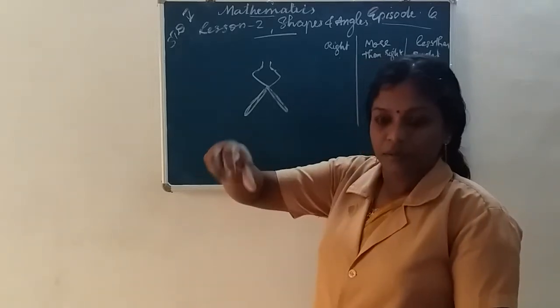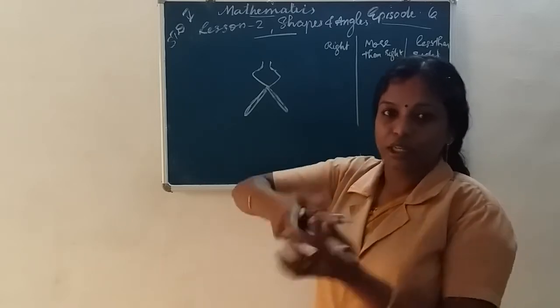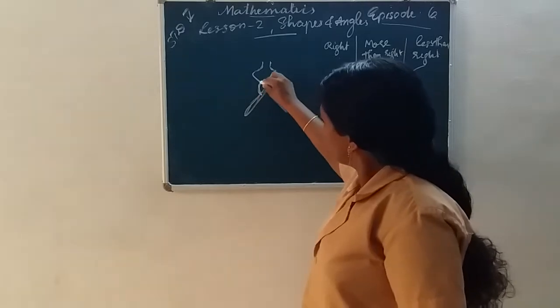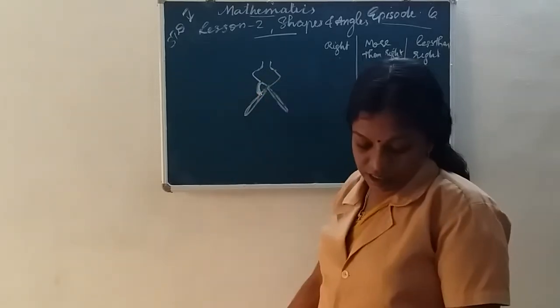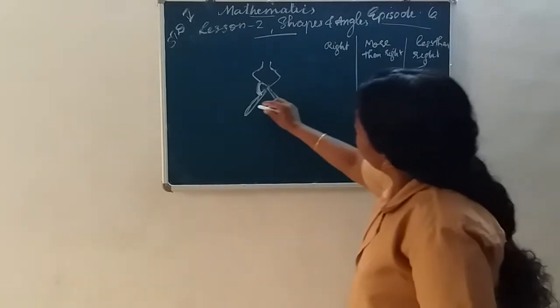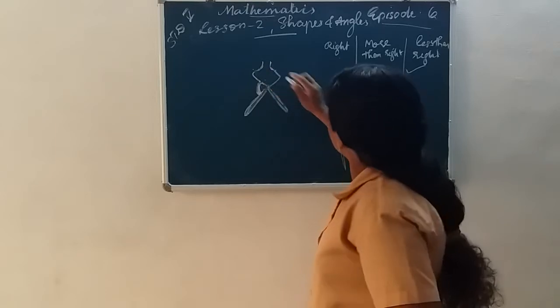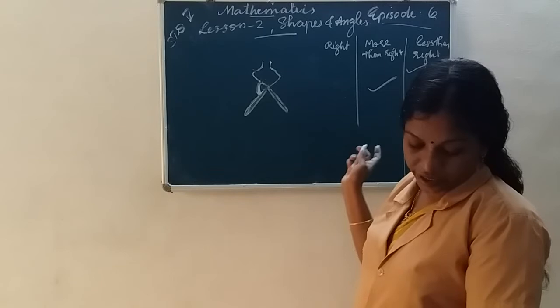So here you want to find out this angle. In this tool, which type of angle is this? This is not L-shaped, not small, but big. So this angle is more than right angle.